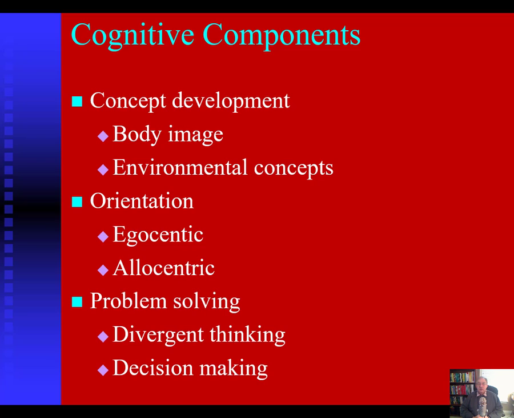Orientation. We've talked about this briefly already. Egocentric and allocentric. Egocentric, we said, was the relationship of the individual to objects in the environment from their own standpoint. It's to my right, it's to my left, etc. But there's another concept called allocentric. And that's when you have a bird's eye view of an area, so to speak, where you know the relationships.